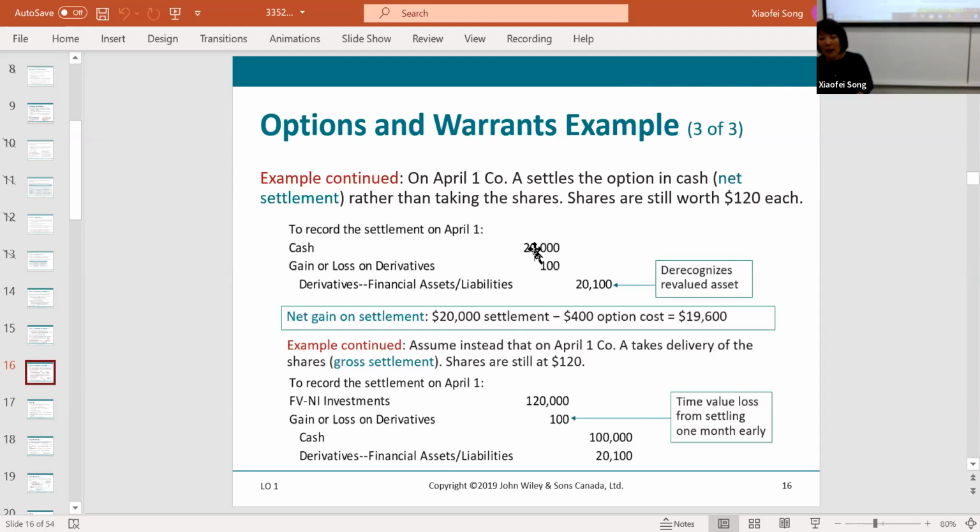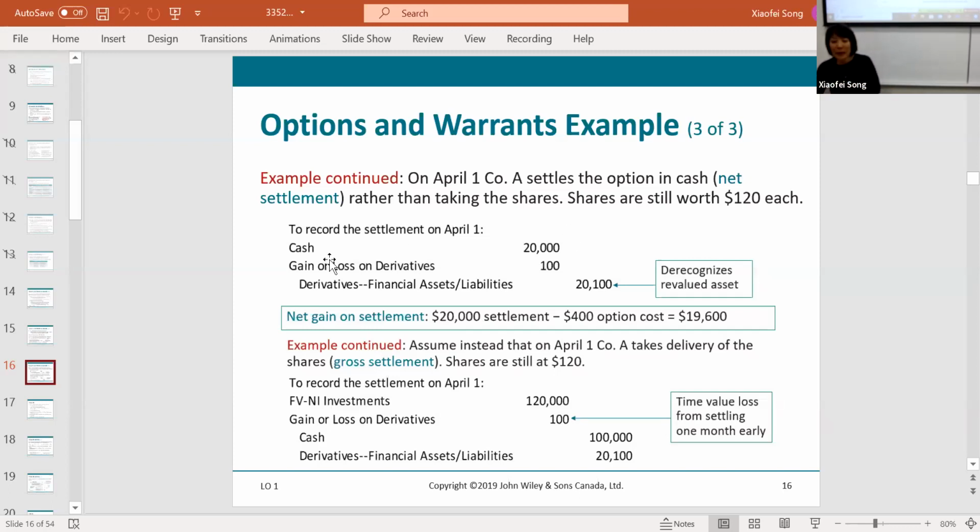So on April 1st, when the share price is still 120, if you were to exercise, there will be no time value left. The only value left would be the intrinsic value, and that's $20,000, right? It's the same as B paying you $20, the same as you giving B $100 and he gives you a share worth $120. That's the same thing, right?